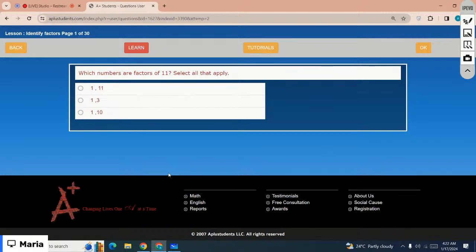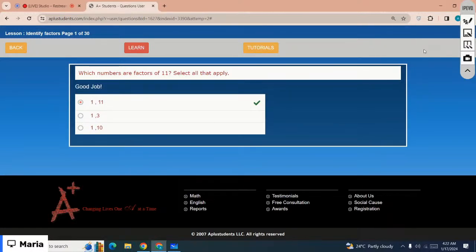That means which two numbers when multiplied make 11. Yes, that is 11 times 1 because 11 is a prime number. The only factors are 1 and 11. Got it?